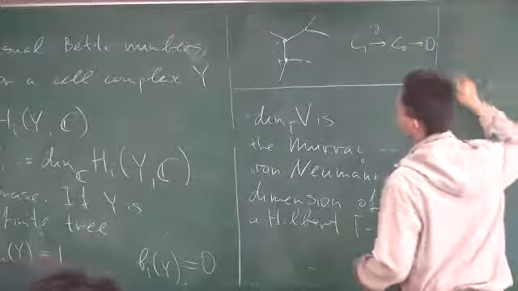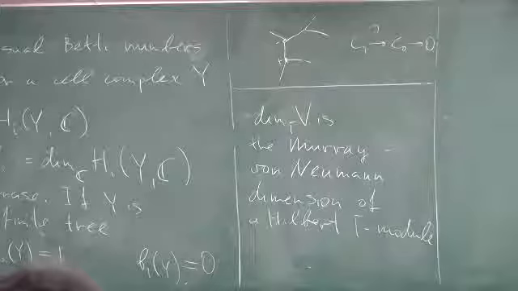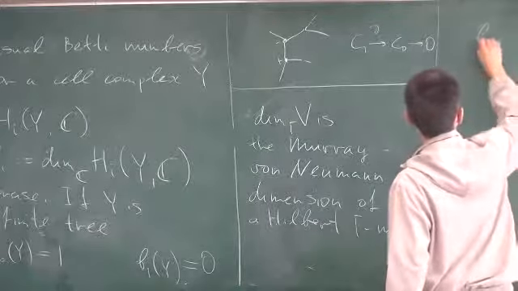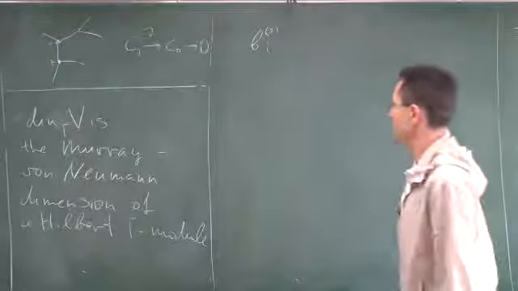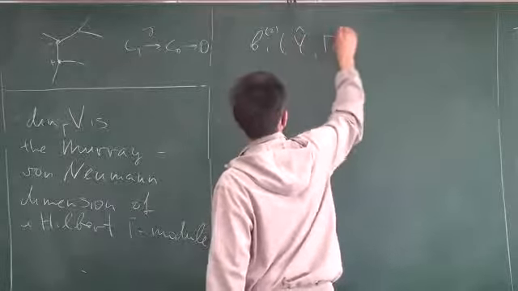For a free action by a group on some complex, assuming it's compact, for example, define the L2 Betti number i of this y hat with respect to the group action.